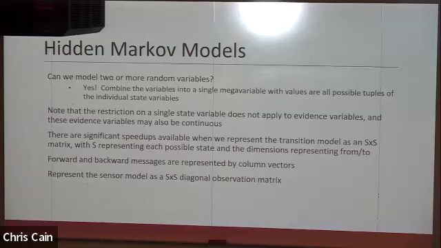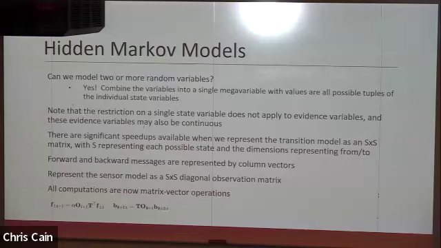The sensor model is a diagonal observation matrix, and then computations are matrix-vector operations, which are much faster than other operations. And that works very well. There's your forward algorithm, your forward recursion, and there's your backward recursion in terms of matrix-vector multiplication.